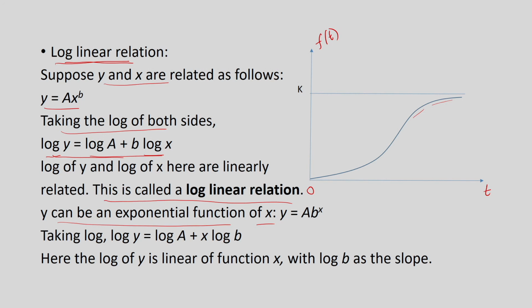Here also we get a linear function, but in that linear relationship log y can be considered one variable and x is the other variable. So, one of the two variables is a log function, the other is not. Here log of y is a linear function of x with log b as the slope.